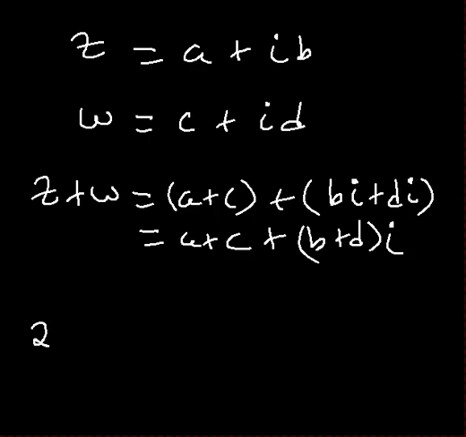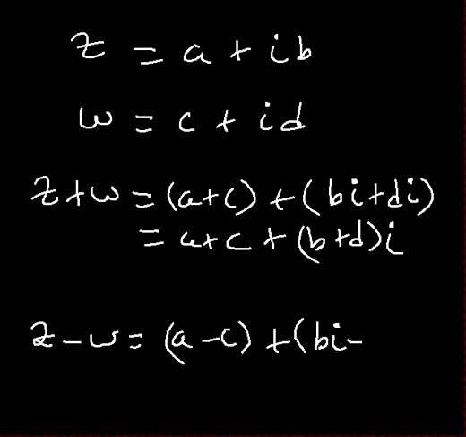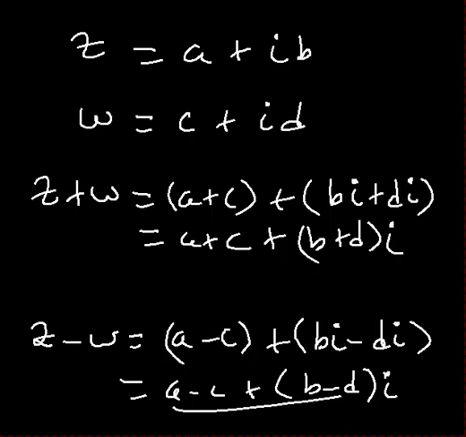Or else, if you wish to subtract the two complex numbers, we should have a minus c, plus bi minus di, which is the same as a minus c plus b minus d, times i. So that's how you can have it.